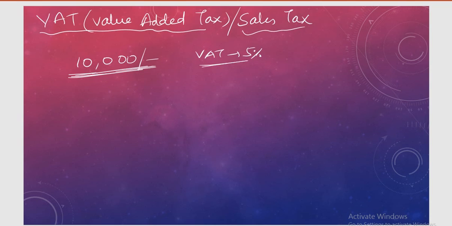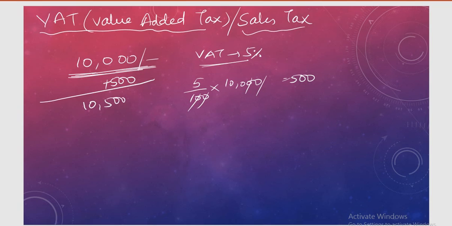If VAT is 5%, what is 5% of 10,000? If you cancel two zeros, it is nothing but 500 rupees. That means for this 10,000, one more 500 will be added and you need to pay this amount. Then only you can purchase that particular good, right?